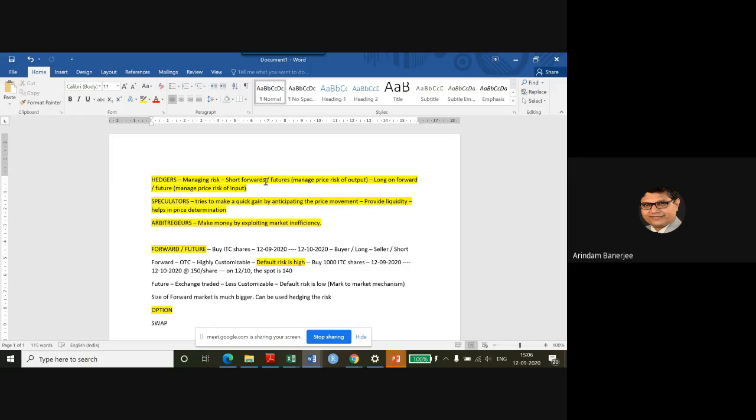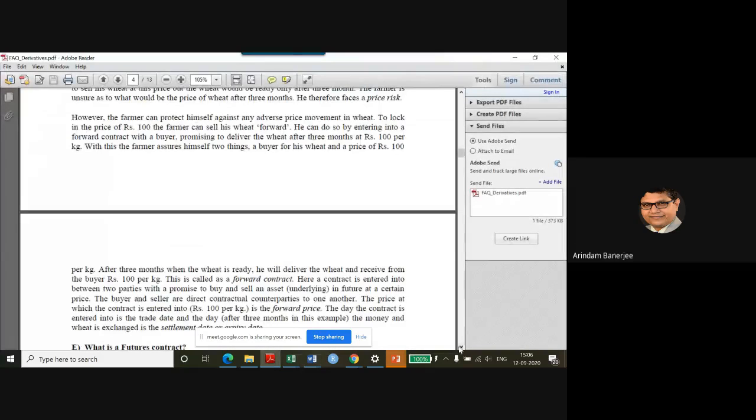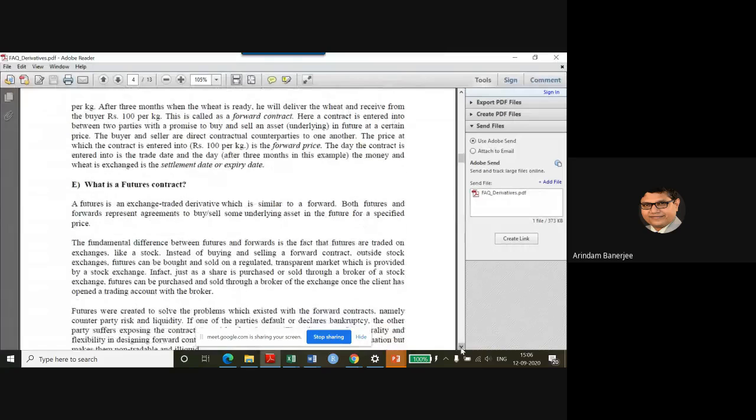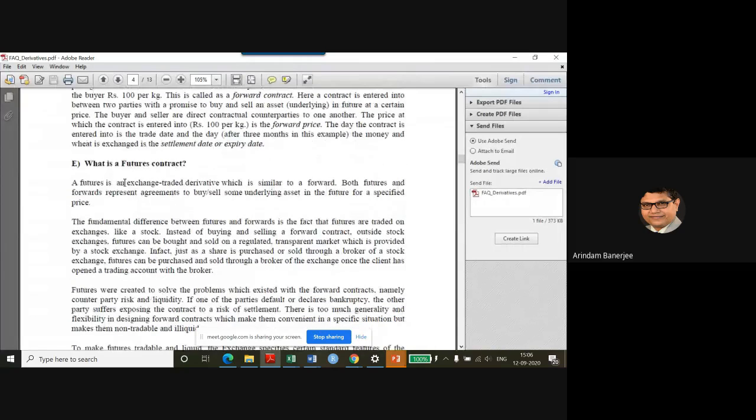So this is the basic idea about forwards and futures. Let's go through quickly. I will share this document. Now in futures, the difference is it is an exchange traded derivative, which is very similar to a forward, which we already discussed, but traded through an exchange.